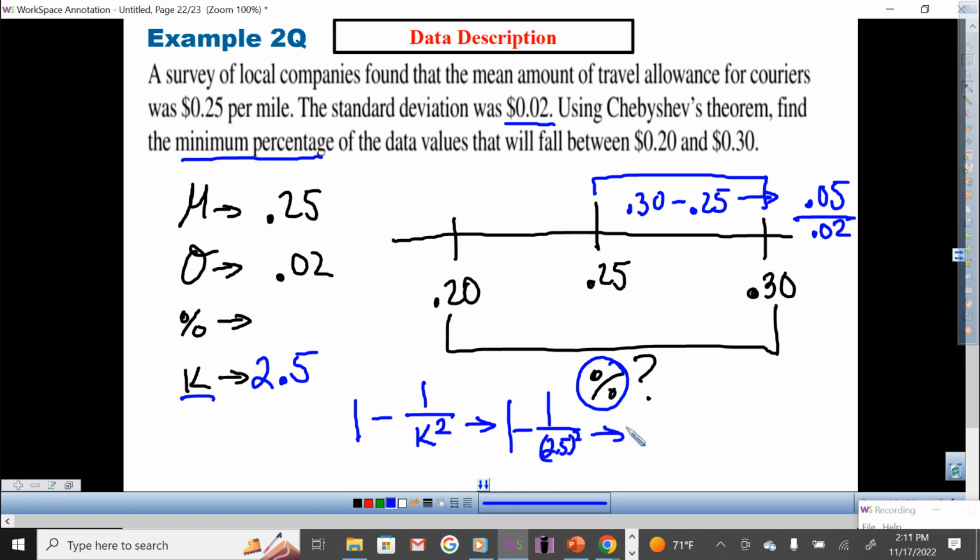Okay, calculators, help me out. 1 minus 1 over what? 6.25. All right, so subtract 1 minus 1 over 6.25. What is that in decimal form?